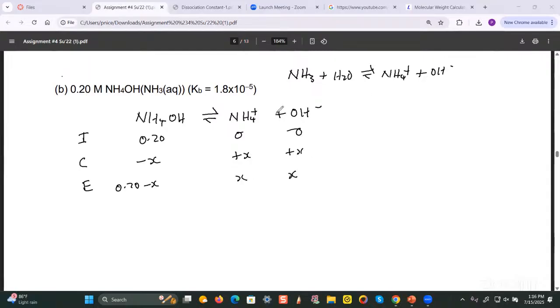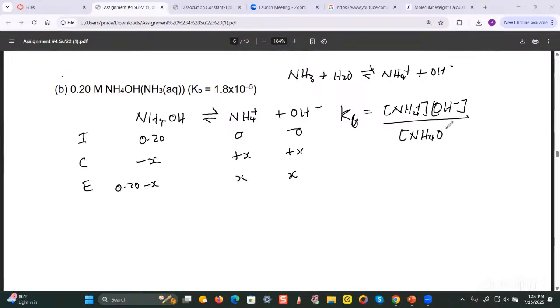So because this is a base, we have to write down a Kb expression, not Ka, but Kb. Kb would be equal to the concentration of NH4 plus times the concentration of OH minus divided by the concentration of NH4OH.